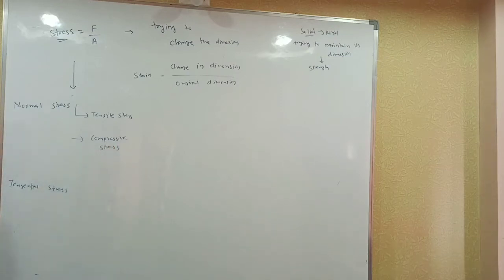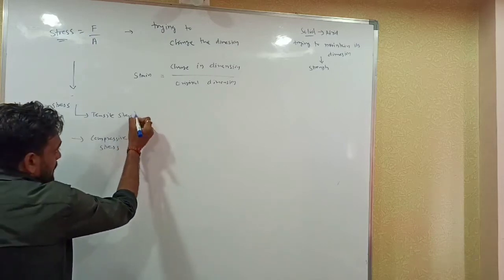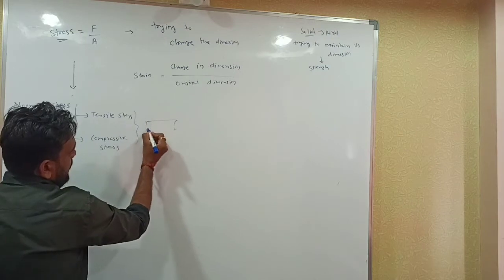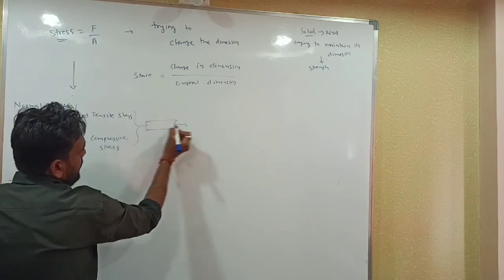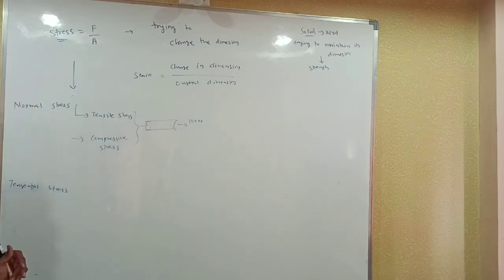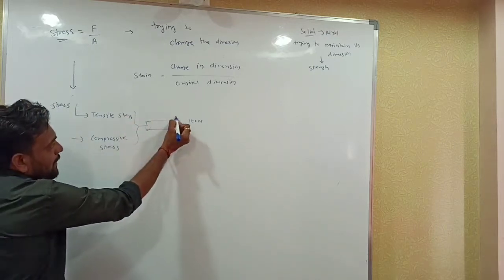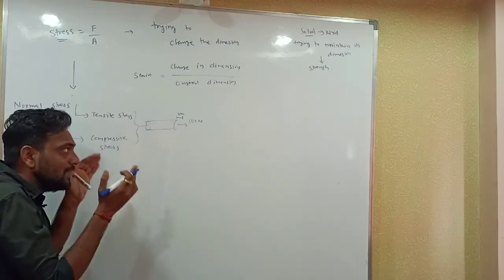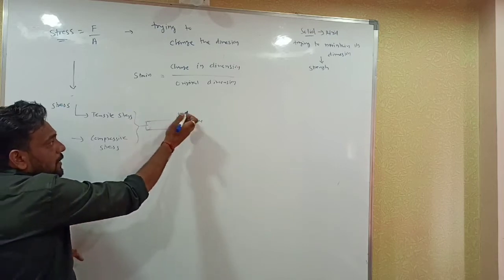Okay, but practically, suppose this is the component and I applied a 100 Newton force over here, and it is tensile in nature. Then the length of the object will increase, and suppose this change is 2 mm.